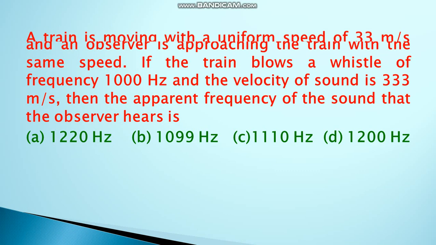Next question. In this question, the train is moving with a speed 33 meter per second and an observer is approaching the train with the same speed. If the train blows a whistle of frequency 1000 Hz, and the velocity of sound is 333 meter per second, then what is the apparent frequency of this sound?